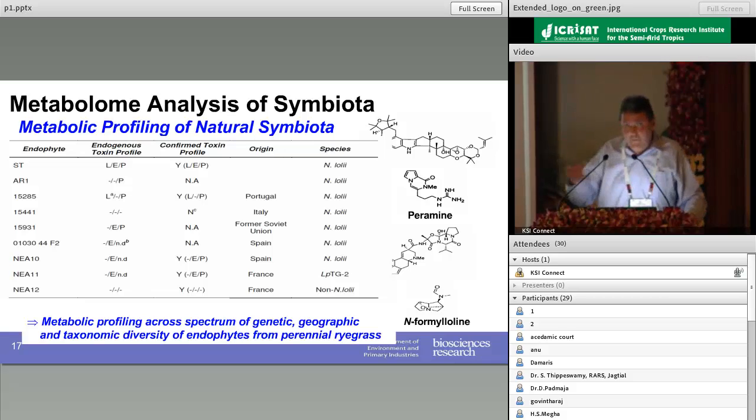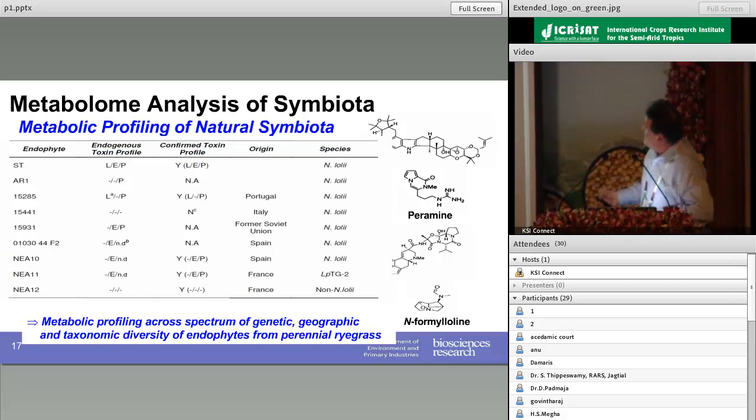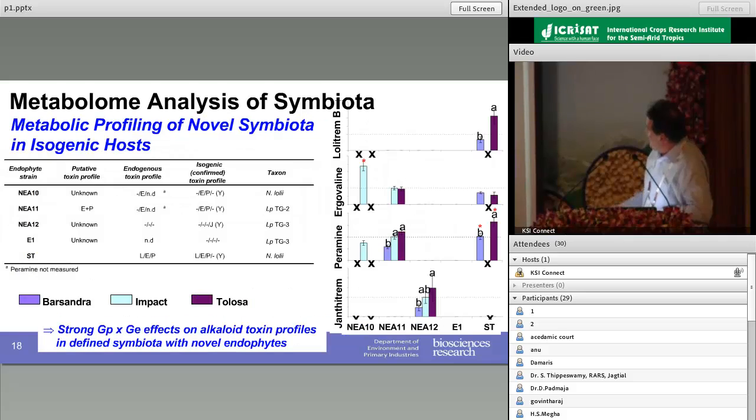Now, once we take these endophytes, inoculate them or deploy them in a genetic improvement process, what we see is that there are very significant quantitative differences in the levels of production of the different alkaloids. These are a range of different endophytes: the standard toxic endophyte, Neotyphodium lolii, LpTG2 and LpTG3.